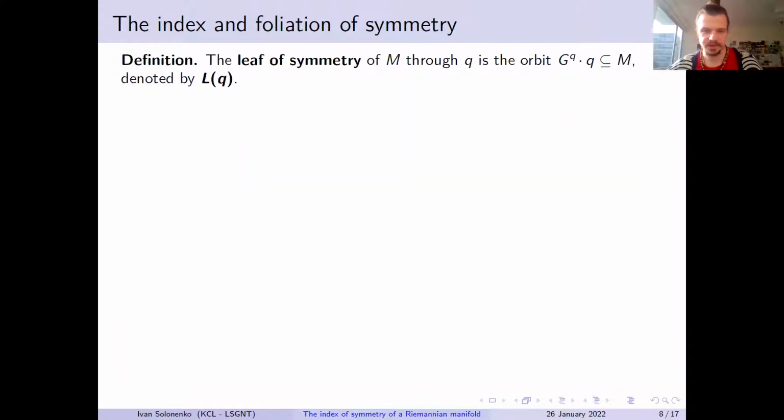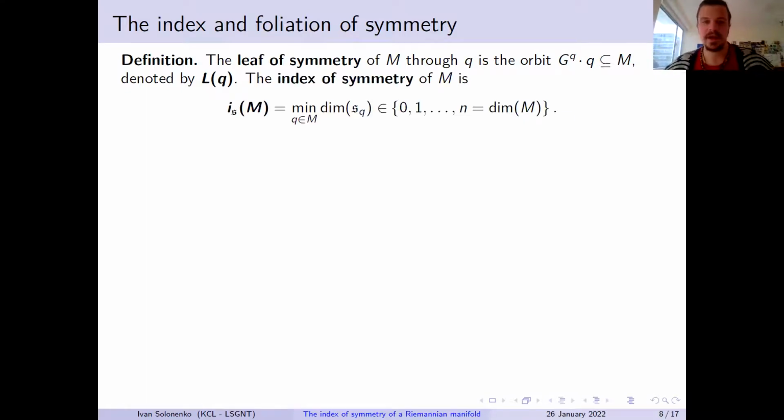Okay, so here's the definition. The leaf of symmetry of M through Q is the orbit of this group GQ through Q. We denote it as LQ. Okay, and the index of symmetry of M is the minimal possible dimension of this subspace SQ.